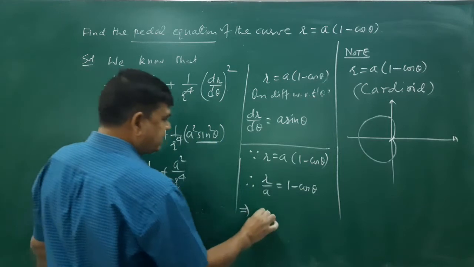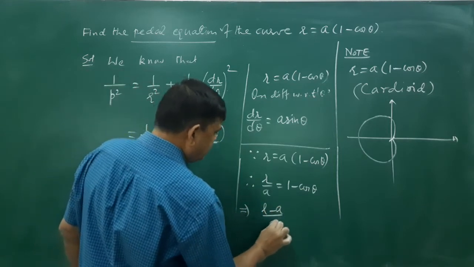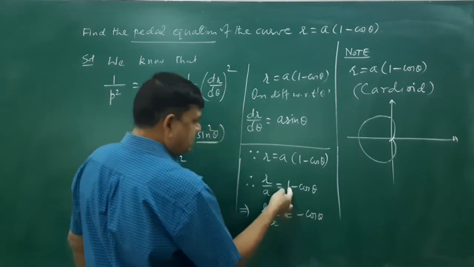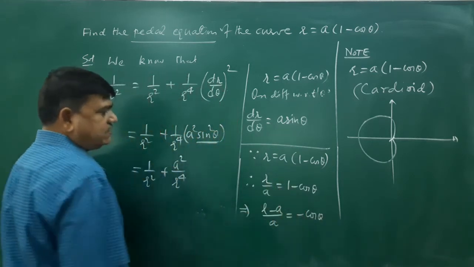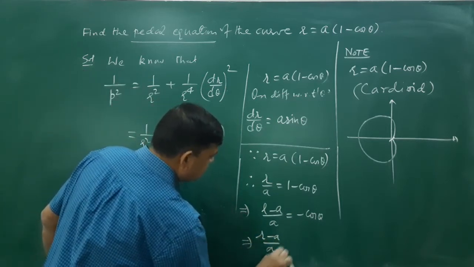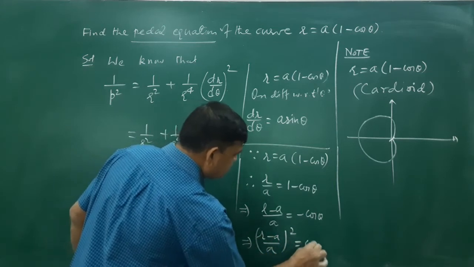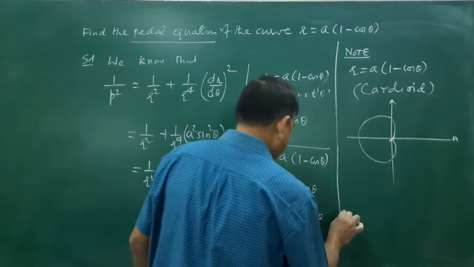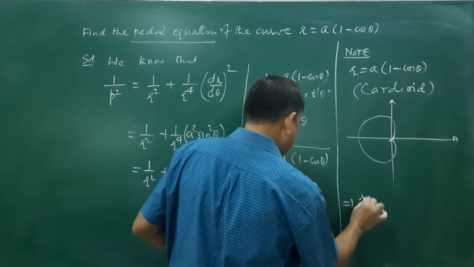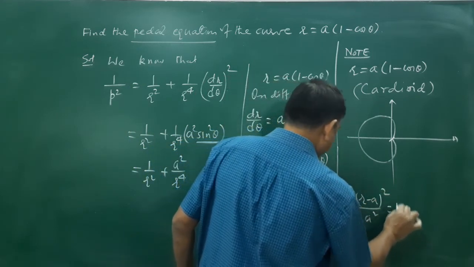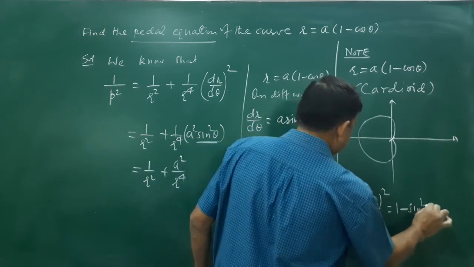So r minus a upon a equals minus cos theta. You transpose 1 to this side and take the LCM. So r minus a upon a whole square equals cos square theta, which is r minus a whole square upon a square equals 1 minus sin square theta.